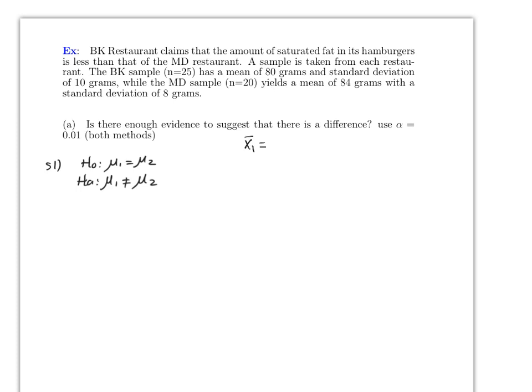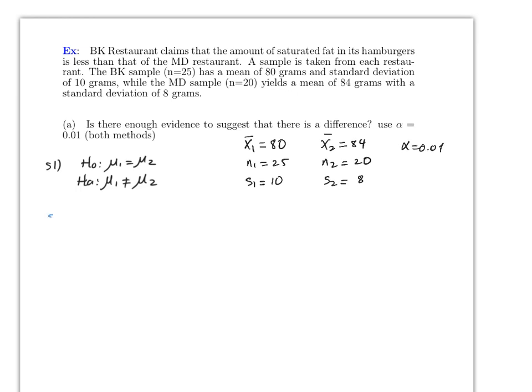Okay. This is the information we have here. X1 bar is equal to 80. X2 bar is equal to 84. n1 is 25 and n2 is equal to 20. S1 is equal to 10 and S2 is equal to 8. And alpha is 0.01.